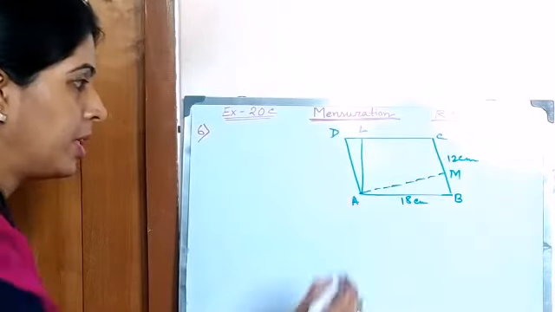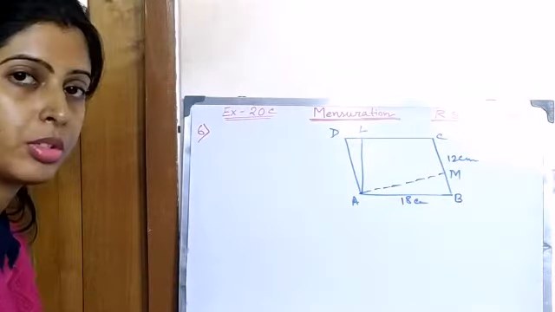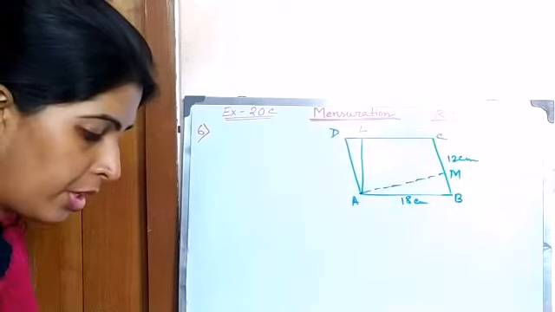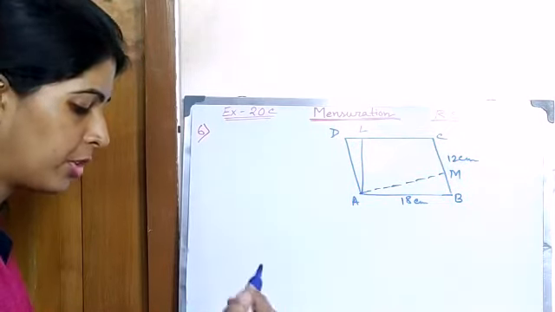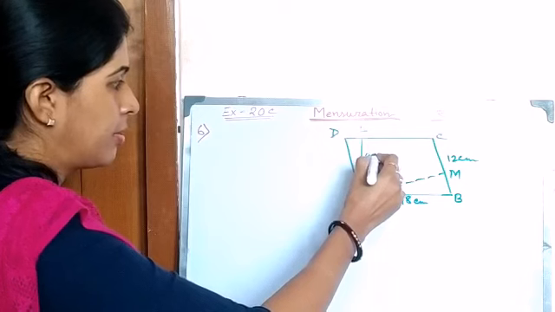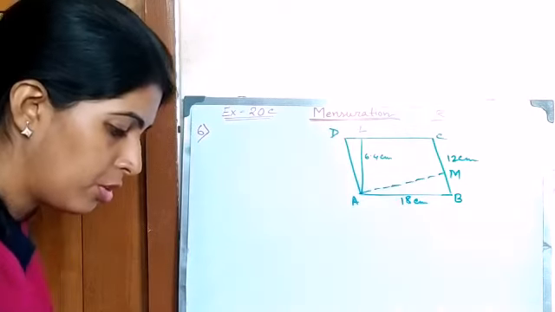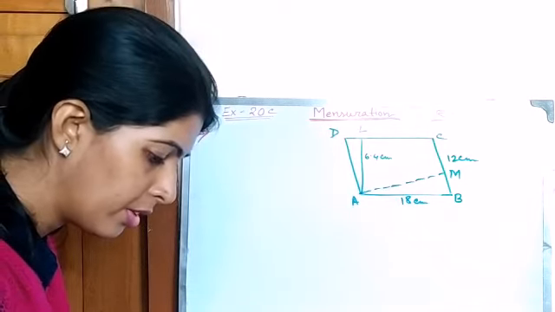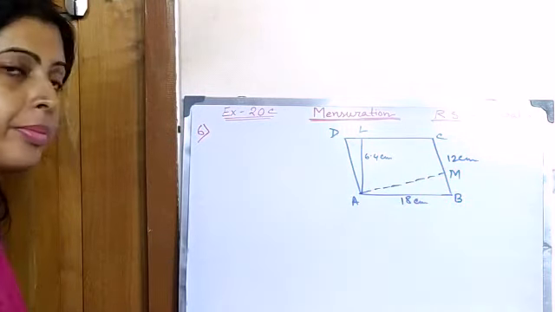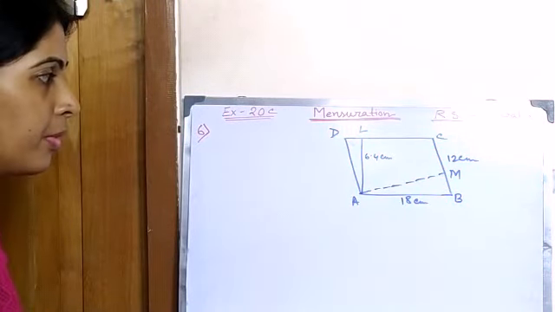AM perpendicular to BC, AM perpendicular to BC also. If AL equal to 6.4 centimeter, what will be the length AM?